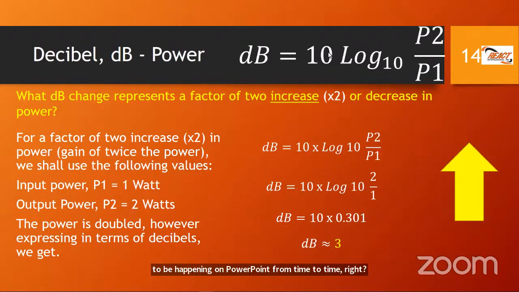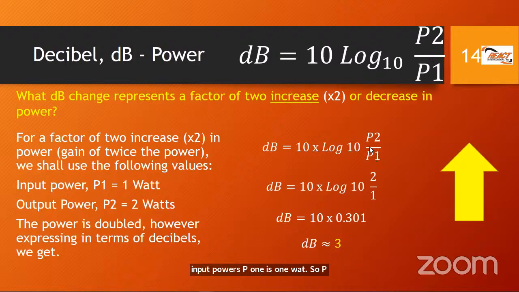Just note that when you have 10 log to base 10 of P2 over P1, it's 10 multiplied by the logarithm to base 10 of P2 over P1. That's why we insert the multiply sign here for emphasis. So we write down the trusty formula first, and then we plug in the values. We said the input power P1 is 1 watt.